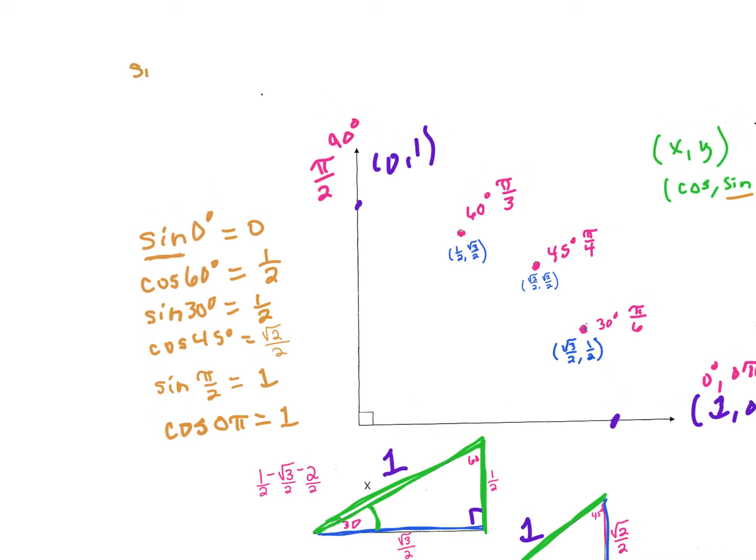What about, Winston, the sine of 45 degrees? Square root of 2 over 2. Square root of 2 over 2, sounds good. And Ellie, the cosine of 30 degrees? Square root of 3 over 2. Okay, square root of 3 over 2.